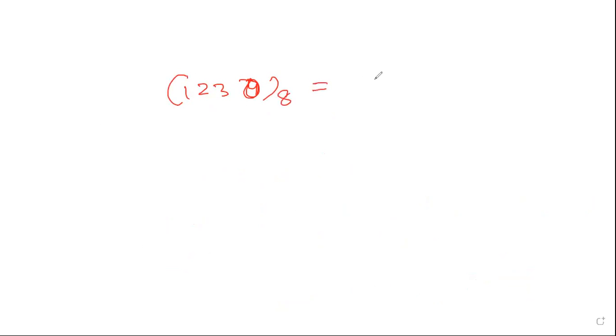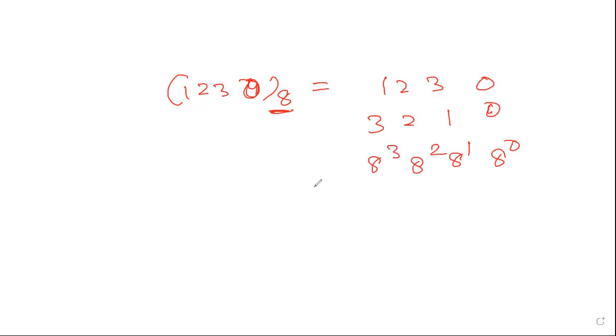Write the base 8 here. Again write the positions 0, 1, 2, 3. But here we will be calculating the power of 8, not power of 2. 8 to the power of 0, 8 to the power of 1, 8 to the power of 2, 8 to the power of 3. Now the rest of the process will be the same.